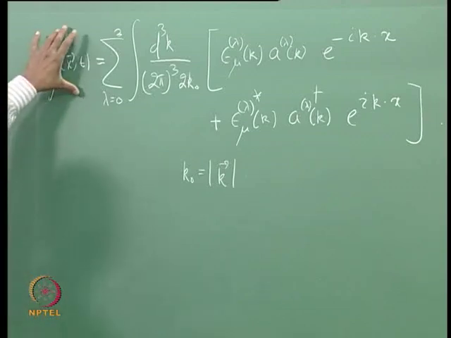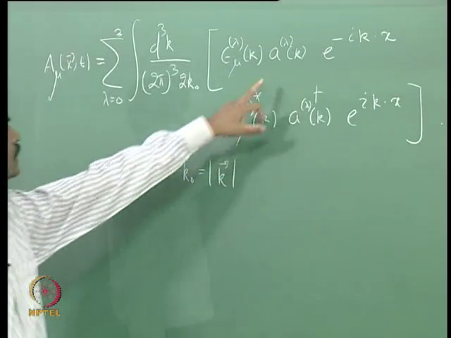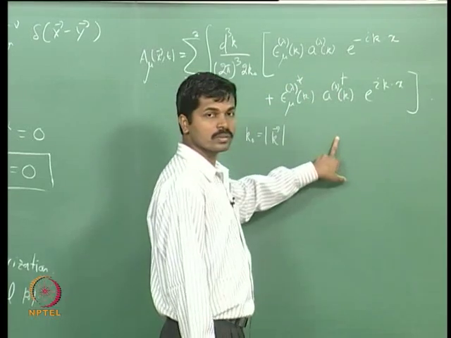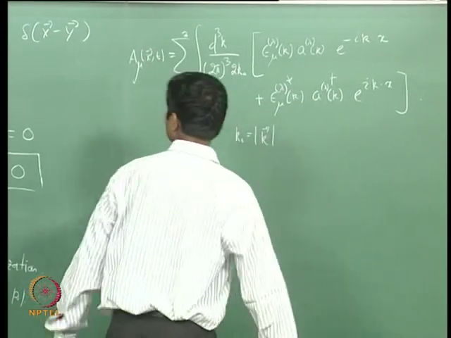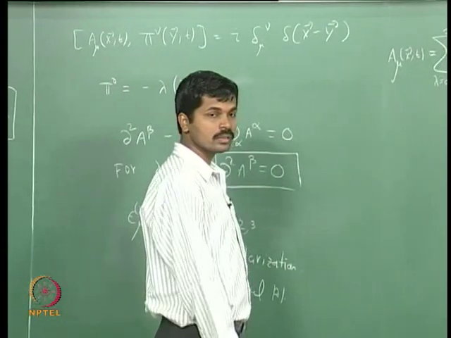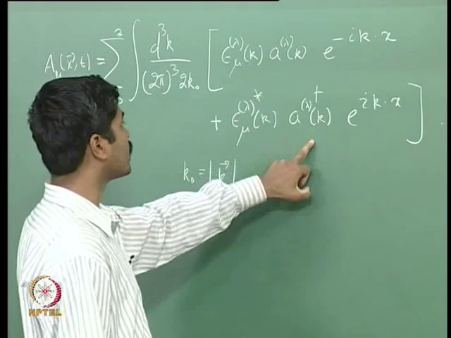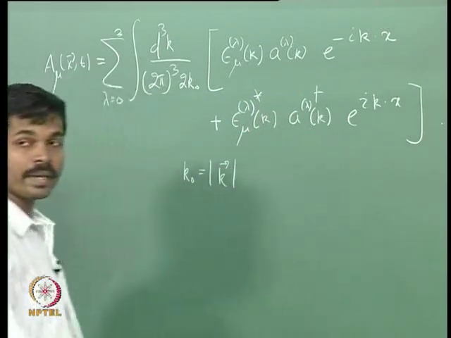Now we are considering this A mu to be a quantum field, therefore these are operators. Now we can look at the canonical commutation relations and then we can see what they mean in terms of these operators A and A dagger.